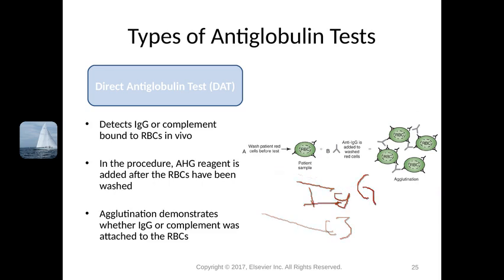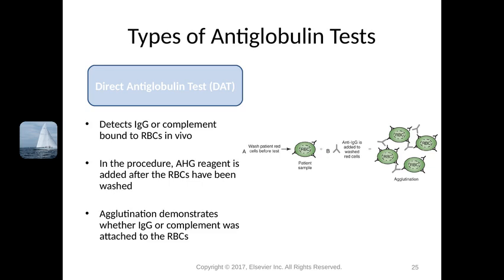Typically speaking, we'll do a DAT on a patient who we suspect is having a transfusion reaction or hemolytic anemia. We'll do a DAT just IgG in nature for most newborns because we're not looking at complement at this point.